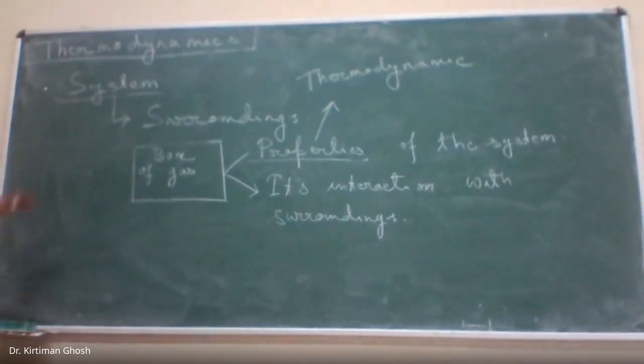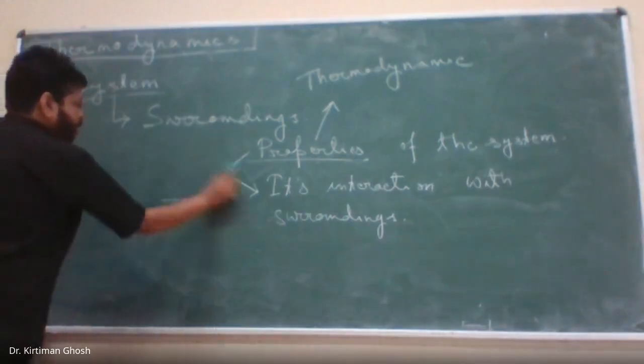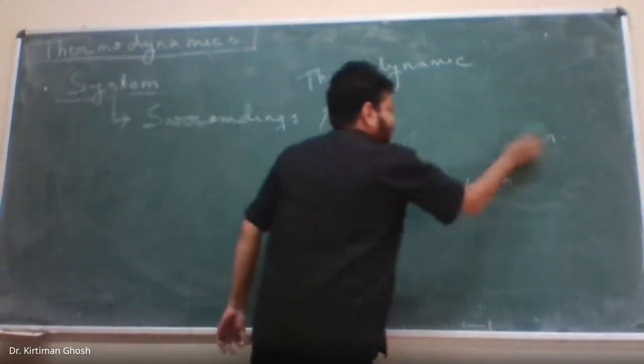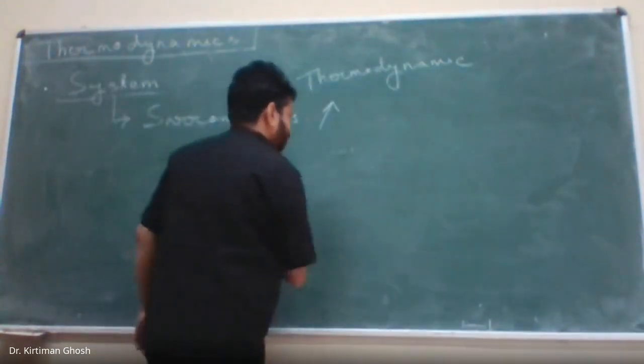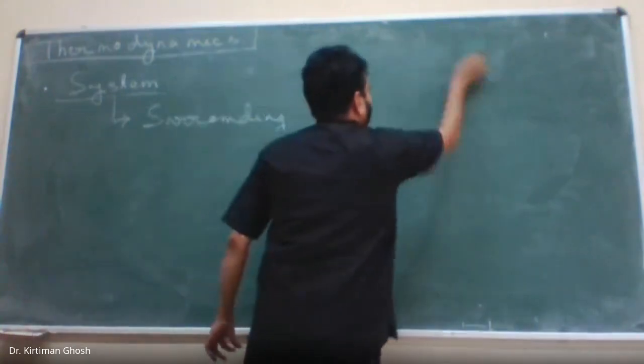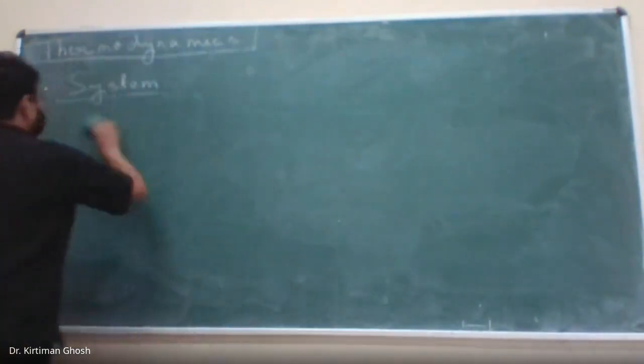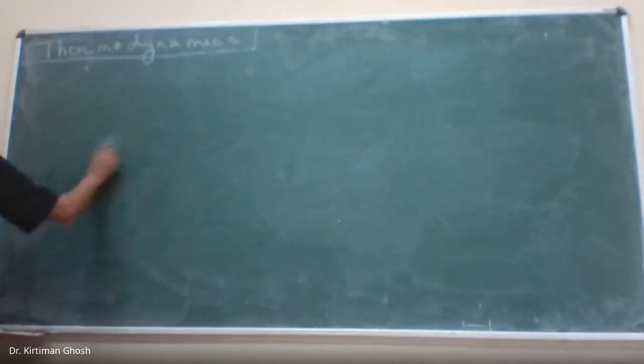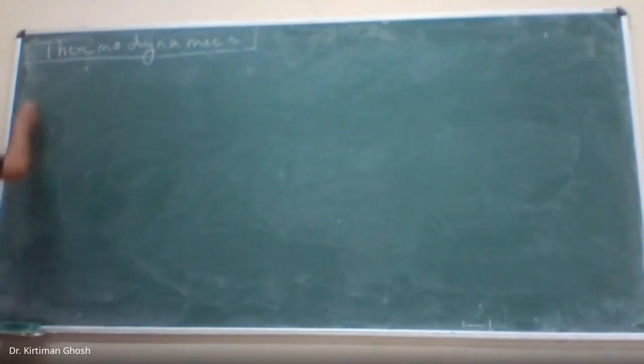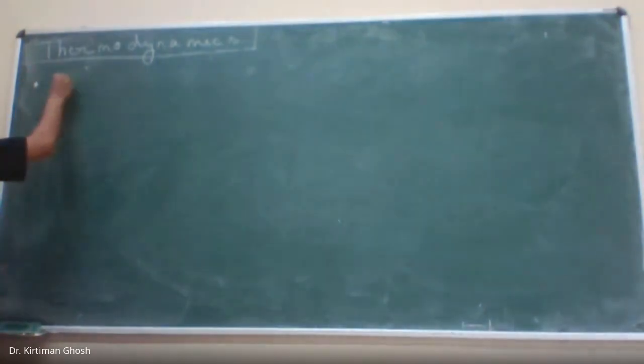So we will study properties of a thermodynamic system. How can we characterize the properties of a system? What are the variables that we can introduce to study the system? How can we describe a system?